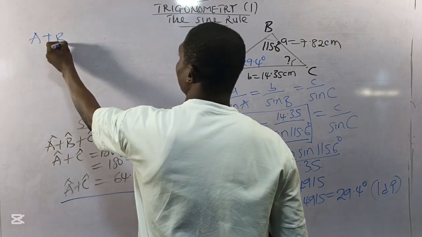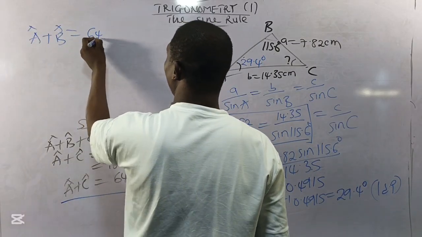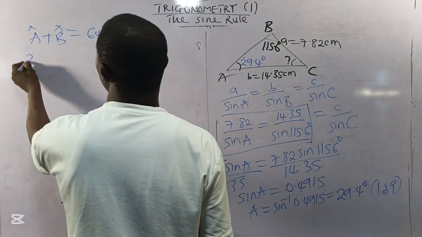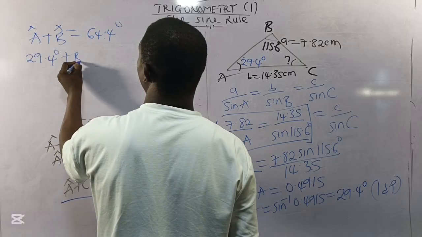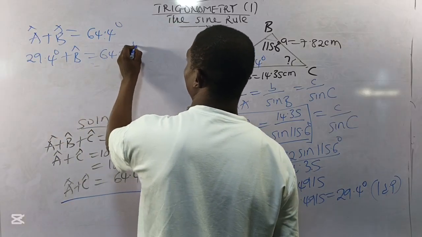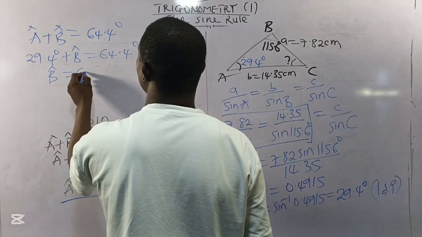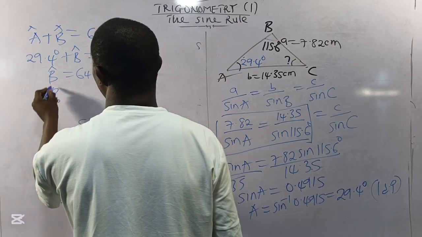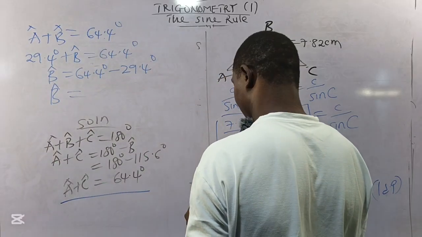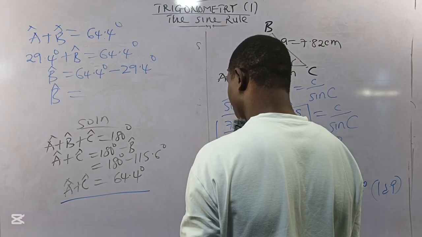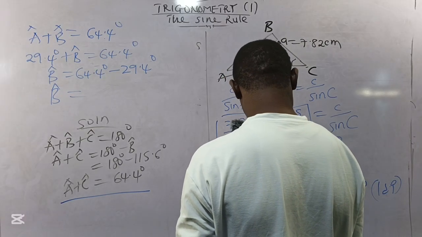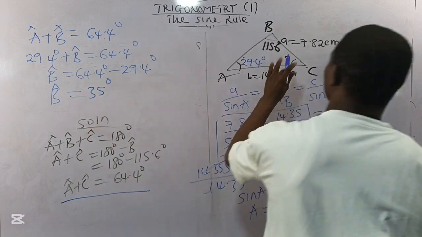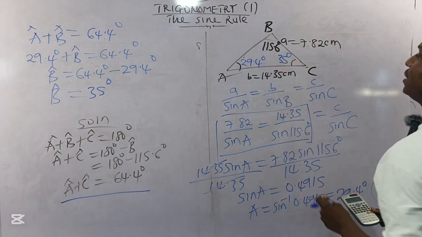So I have A plus B equal 64.4 degrees, and here's my A. My A is 29.4 degrees plus my angle B equals 64.4 degrees. And my angle B will be equal to 64.4 degrees minus 29.4 degrees, which gives me 35 degrees.